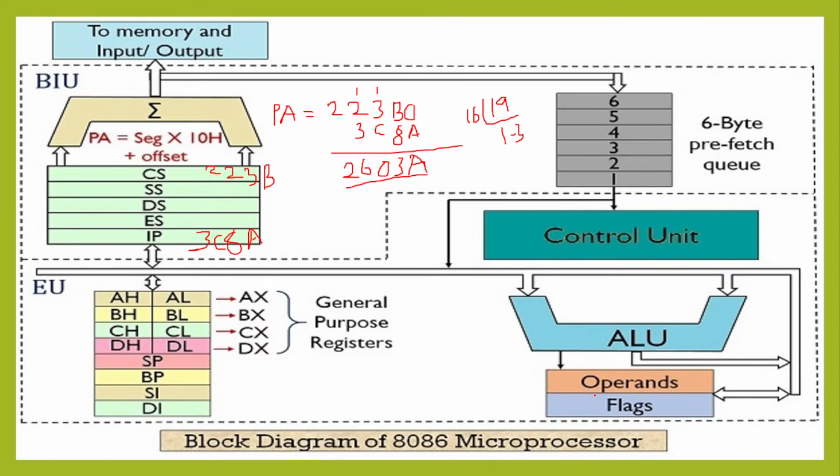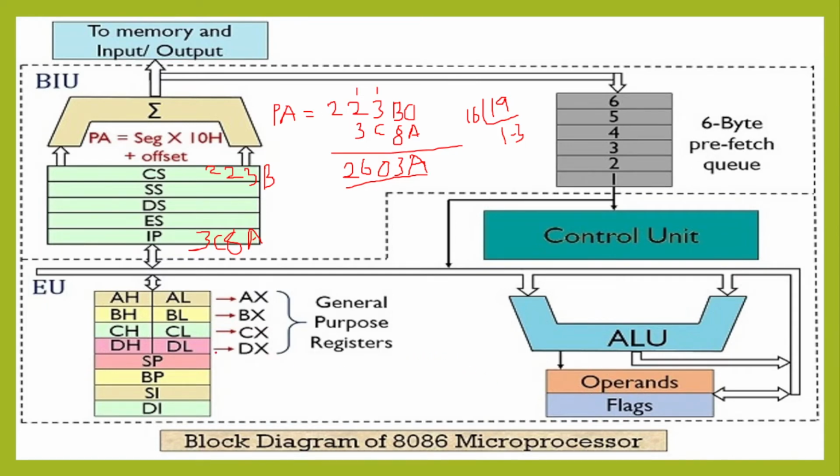For example, whether carry occurs or not, auxiliary carry, parity, sign, zero. So everything we will discuss in detail in further classes. As of now, flag means the current status of the ALU result. The ALU result is updated on the register, and the status of the result is updated on the flags.